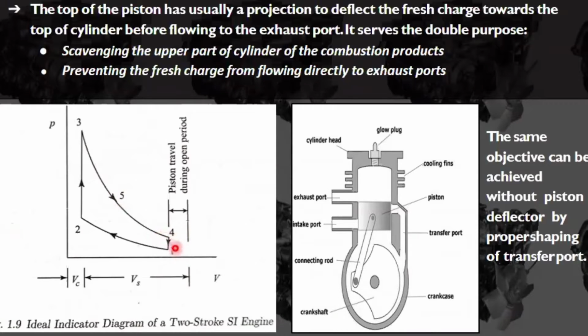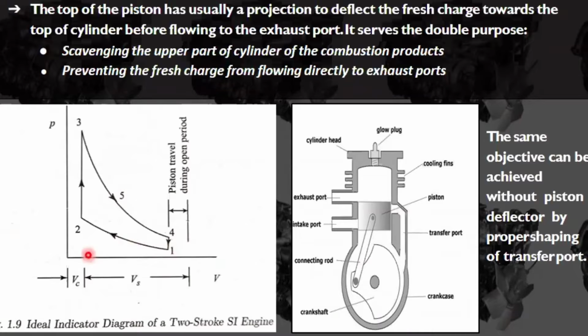And you know that 4 to 1 happens at a constant volume. See here, V1 is equal to V4. So at constant volume, whatever the pressure and temperature are, they attain the normal conditions, that means atmospheric conditions.